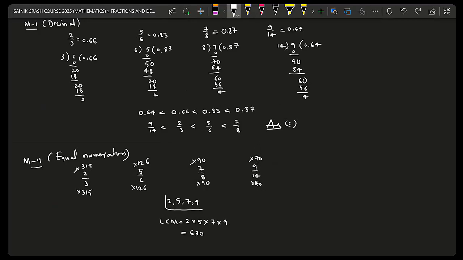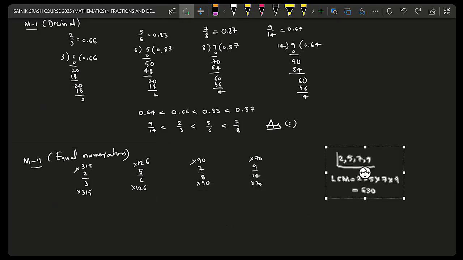So let's find the fractions now. The numerator: 315 into 2 is 630. Anyhow, we get all the fractions with numerator 630 only, right? Now the denominators we have to calculate. 315 into 3: split 315 as 300 and 15, so 945.